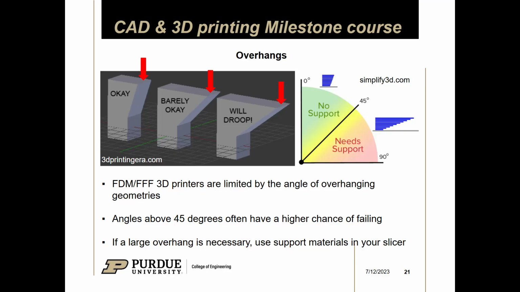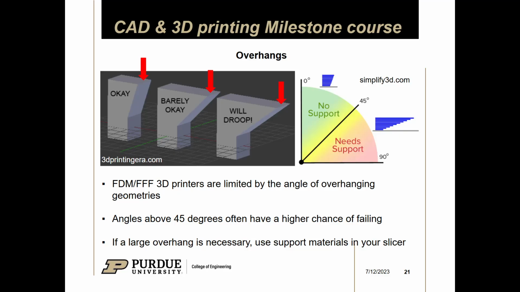So the first big thing is overhangs. Again, we were talking about supports earlier. There's typically a threshold where you want to start adding supports, right? But if you're designing something, you can design it so that threshold isn't ever a problem, right?